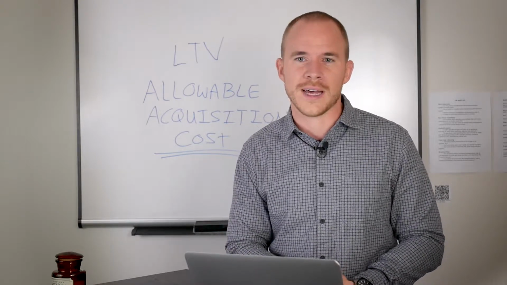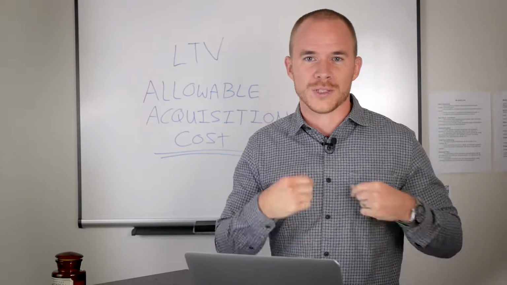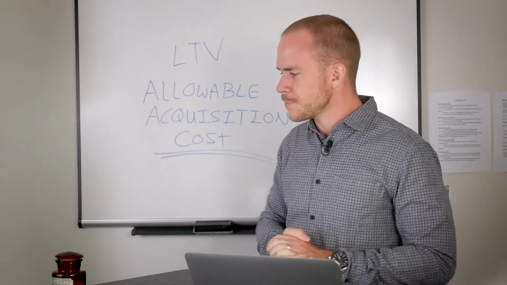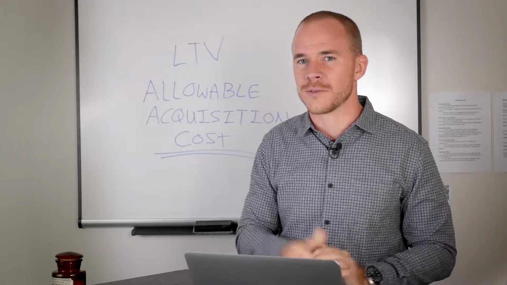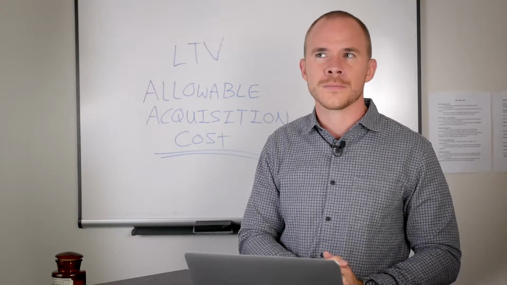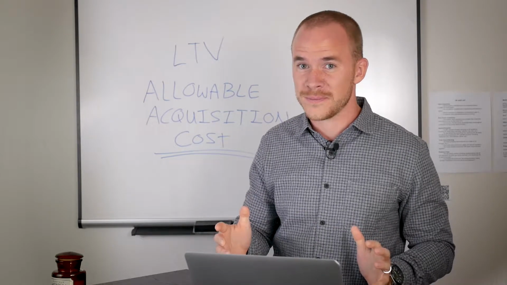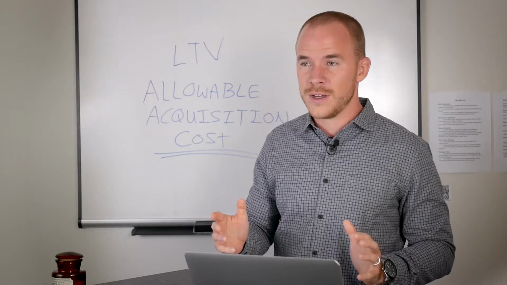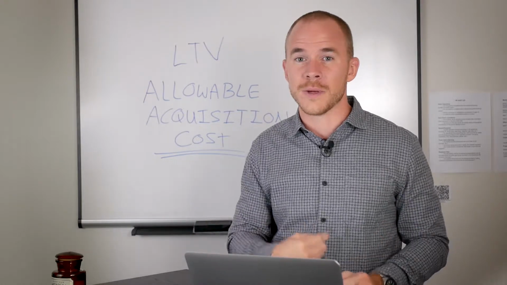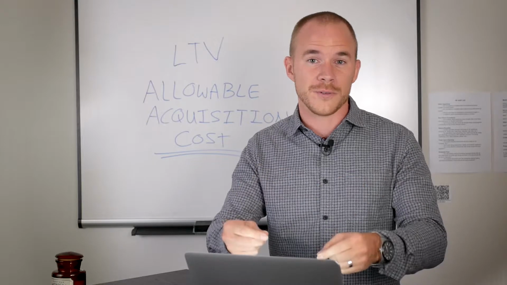Something just quirky that had our logo on it, like one of those little cheap drawstring backpacks. Well, eventually, after I learned the concept of allowable acquisition cost, we started thinking, wait a minute, if our lifetime value of a customer is in the 6 figures, over $100,000, then what sense does it make for me to limit myself to $1.50 or $2 that I'm willing to spend on a gift to get this customer?